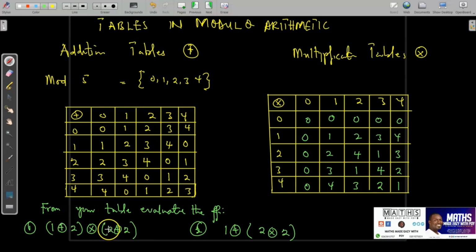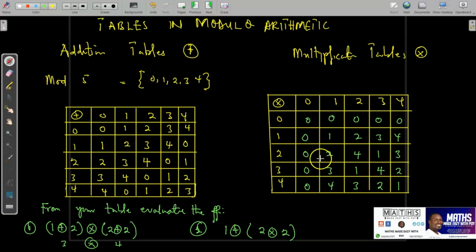And then from our table again, 2 plus 2 is 4. So we have 4 here, we have 3 here. So in other words, the final solution is 3 times 4.